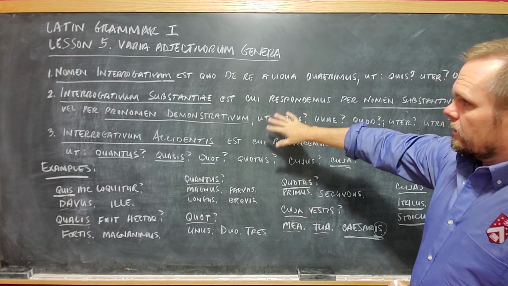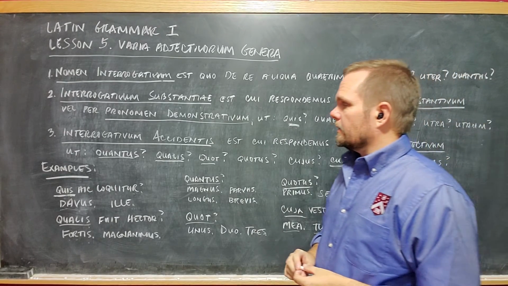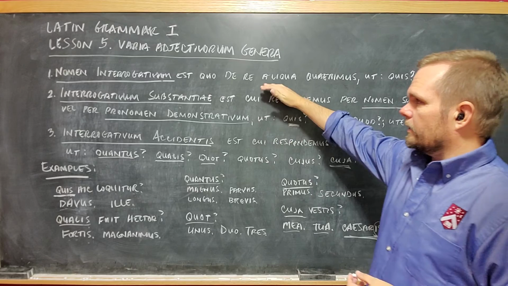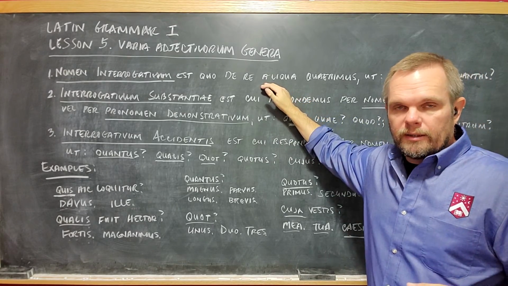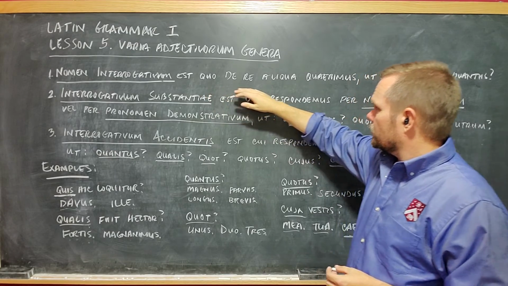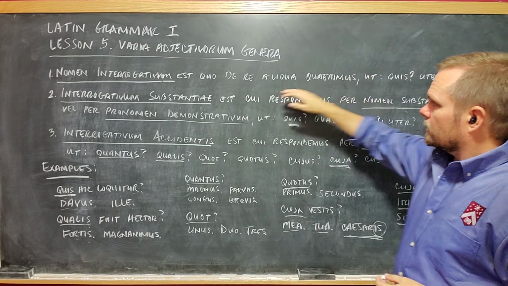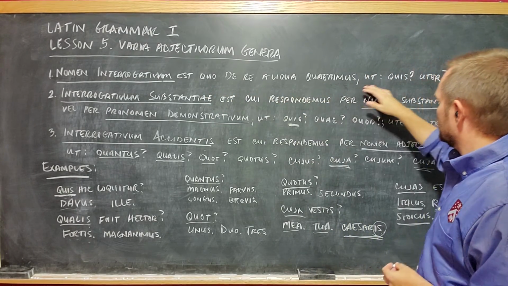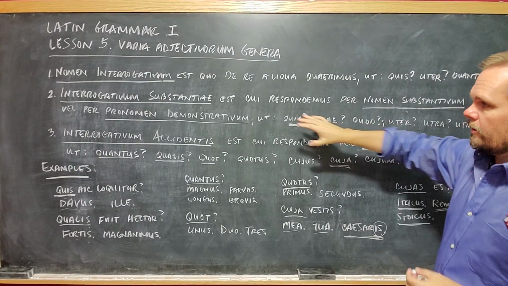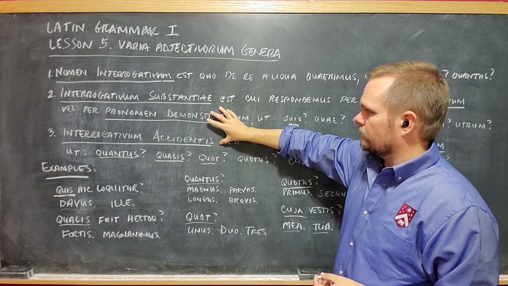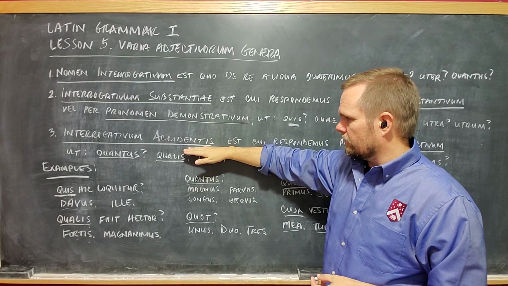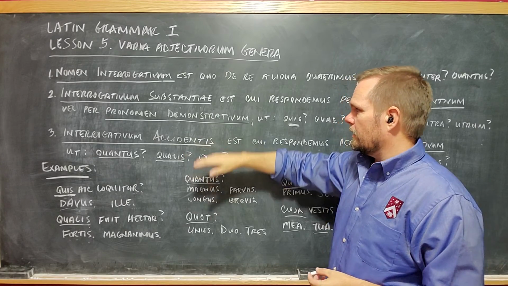So here in part 1, as I said, we're going to study interrogative nouns. We learned what an interrogative noun is generally. An interrogative noun is a noun which we ask concerning something, such as who, which, or how much. We learned that there are 2 kinds of interrogative nouns, an interrogative noun of substance and an interrogative noun of accident.